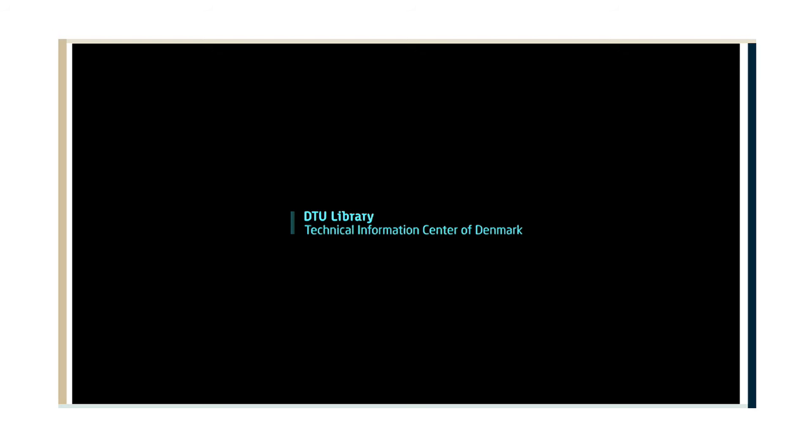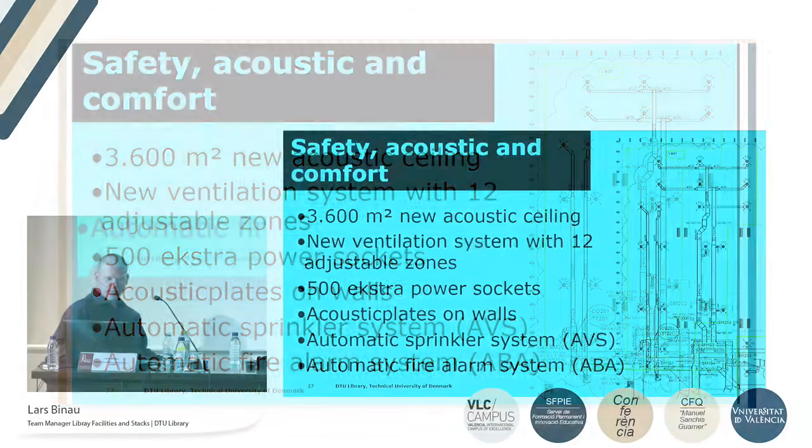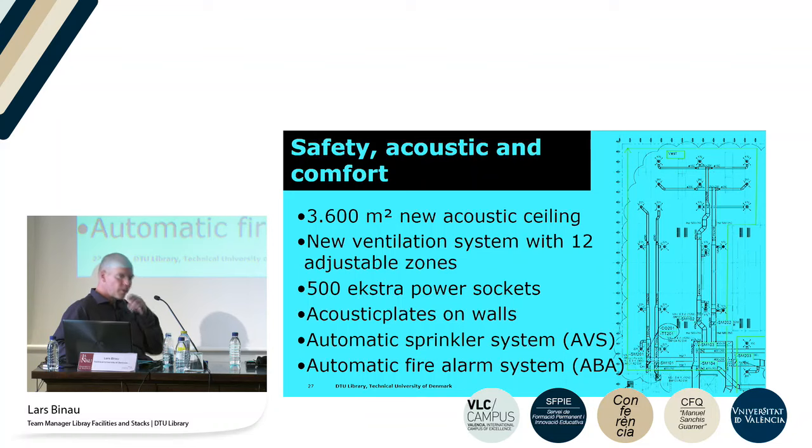So we opened up in November again, and the 3,600 square meters were improved with new acoustic ceilings, and a ventilation system that can ventilate only where there are people and when it's needed.